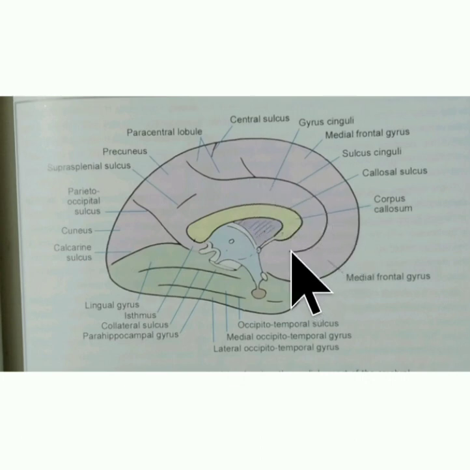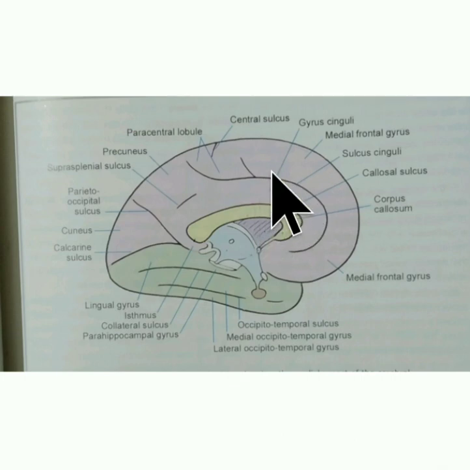Anteriorly, it ends below the rostrum of the corpus callosum, and posteriorly it runs upward to reach the supromedial border, a little behind the upper end of the central sulcus. So this is the cingulate sulcus.